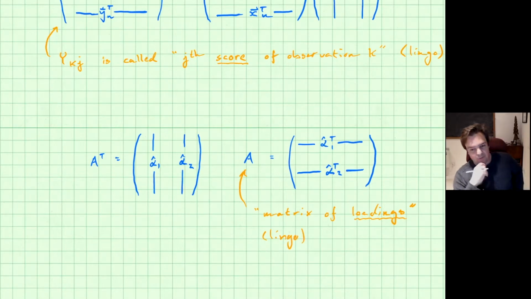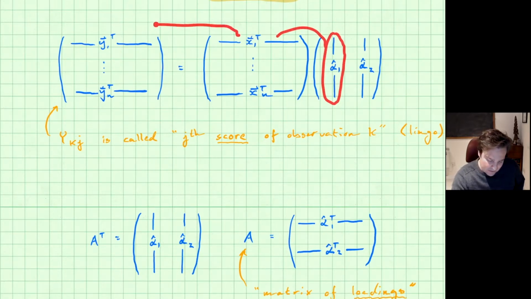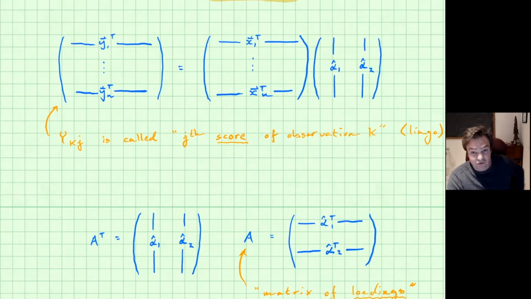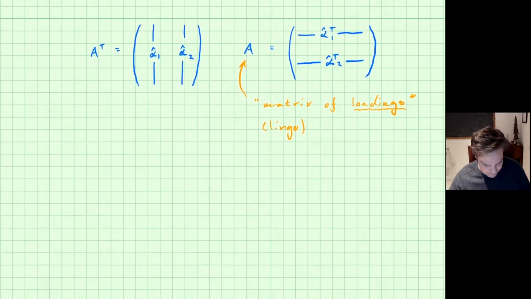This must come from some picture I'm not aware of, but the idea to me is that you think of this as one of the loadings. It hits this thing, and the element you produce over here, the first top left element, is the score you got when you used that loading on the matrix X. I'm not sure where this terminology comes from, but you can try to make it work for yourself.